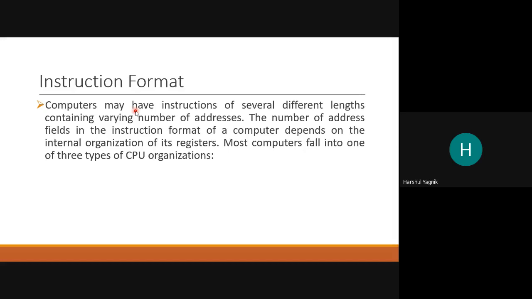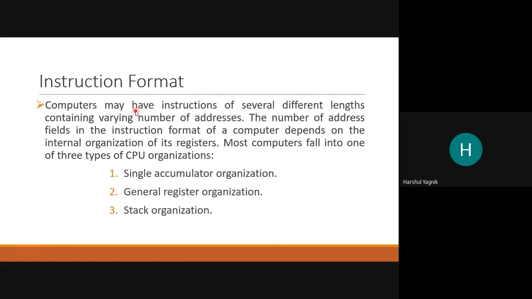Most of the computers fall into one of the three types of computer organizations. So what are the possible ways of CPU organization? One is single accumulator organization. Second, general register organization. And third, stack organization.